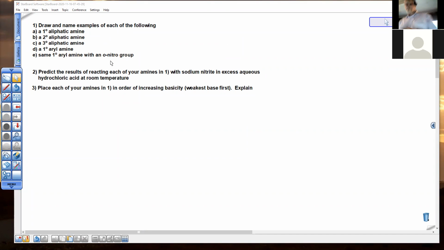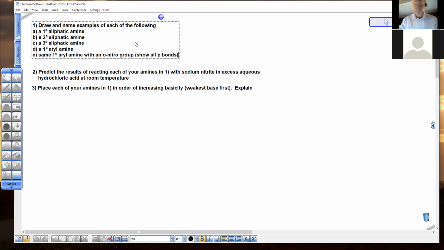And when I did that, I wanted to make sure that you show all pi bonds. How do you get p to become pi? Well, you overlap it with another p orbital is how you do it in chemistry, but I'm talking how do you do it in fonts?